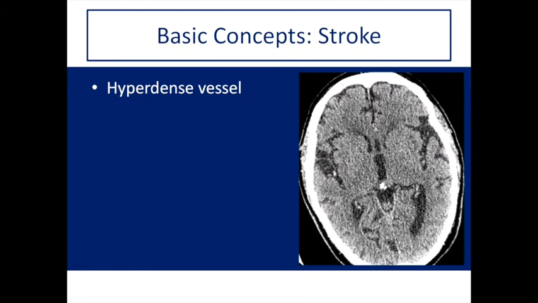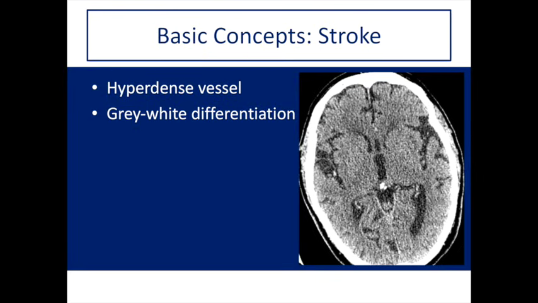This is a case of a hyperdense vessel in a right MCA branch. We will talk about where to look for hyperdense vessels when we go through our approach later, but for now, understand the basic principle. The second main thing to look for is loss of gray-white differentiation. As we have mentioned many times, the gray matter is slightly more dense than the white matter.